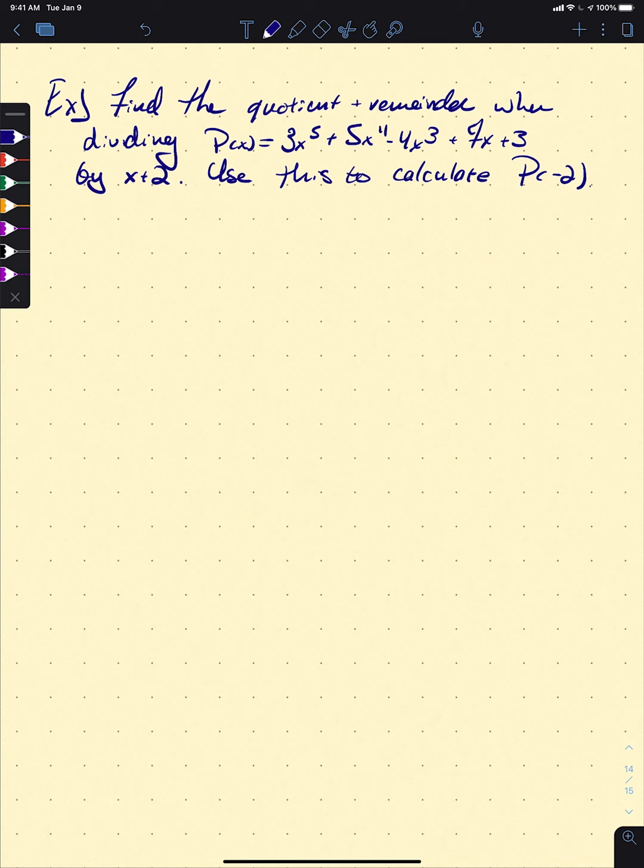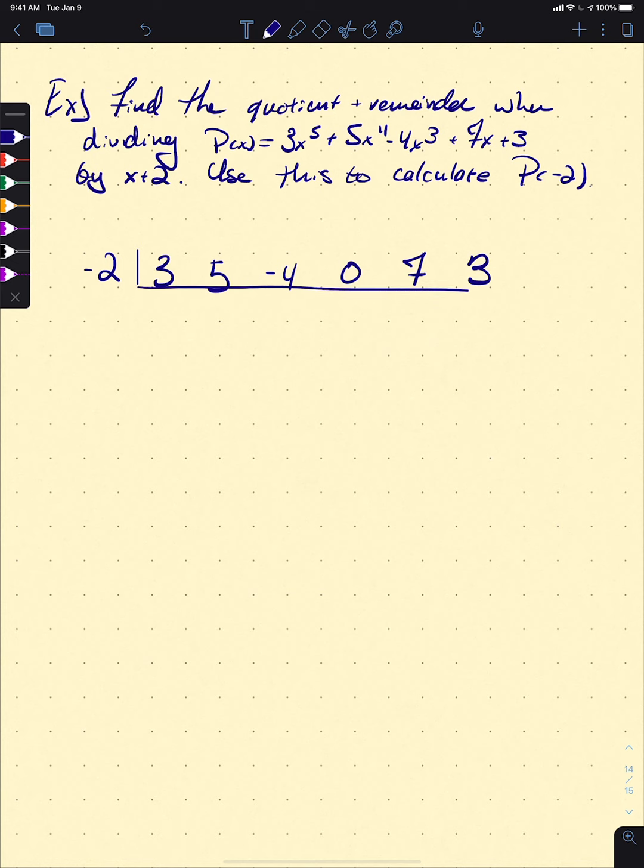So let's jot down our synthetic division. We have negative 2 on the outside, then on the inside 3x to the 5ths, 5x to the 4ths, negative 4x cubes, 0x squareds, 7x's, and 3 is our constant term. Draw this line, and we'll draw this one as well.